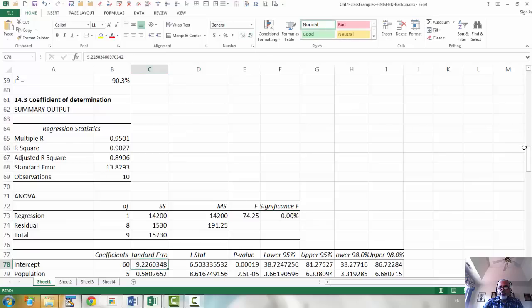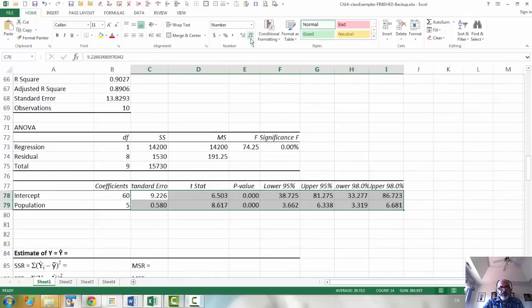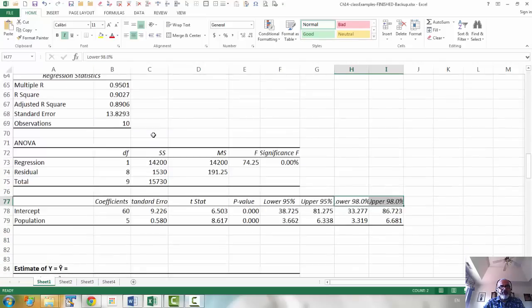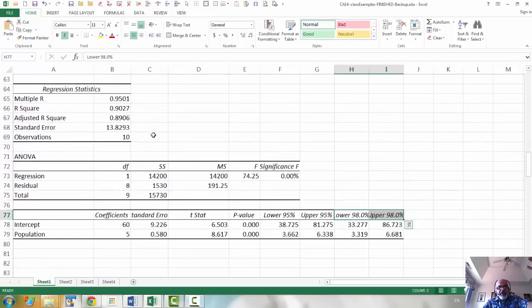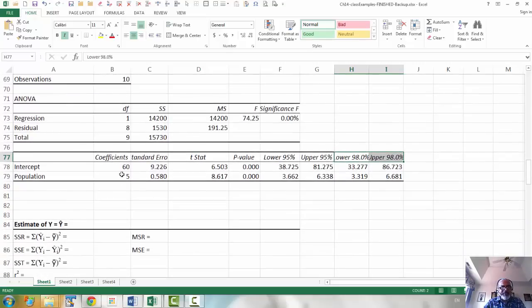And here we'll talk about the confidence interval and so on later on. See here, this is 95% and 98%. If you did not check and enter 98%, instead if you just left it unchecked, 95% will get repeated one more time. Okay. So now we have everything that we computed earlier with formulas are now produced using data analysis.